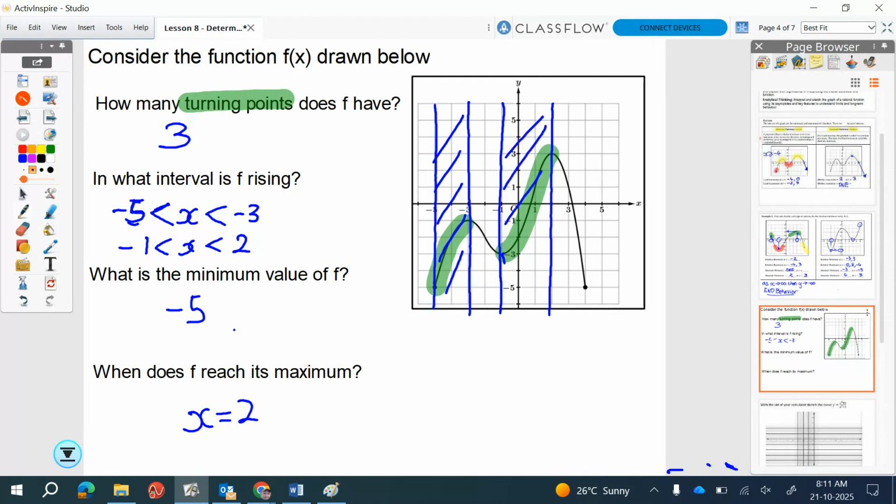So when I give my intervals, I'm shading these 2 areas of the graph. And these are the intervals and the regions of the graph in which the function rises. And the other intervals are the regions of the graph where the function does not rise.